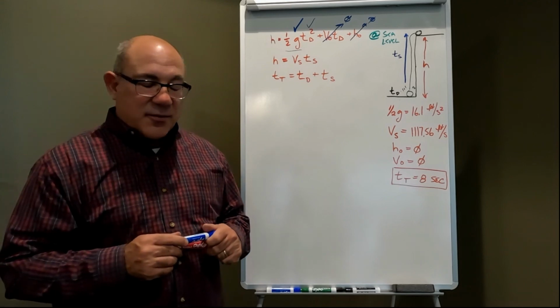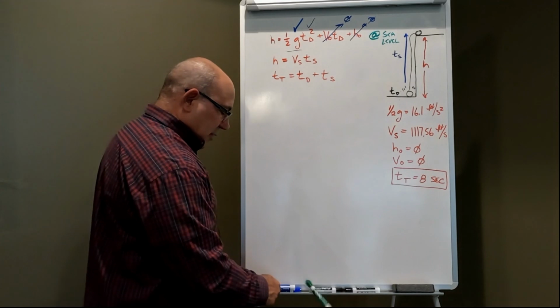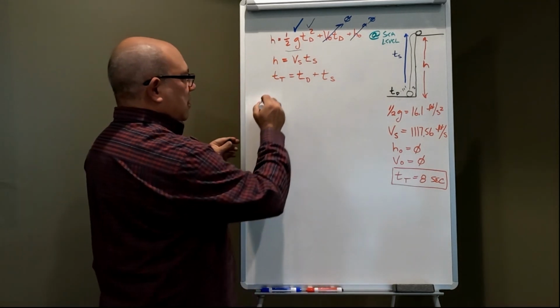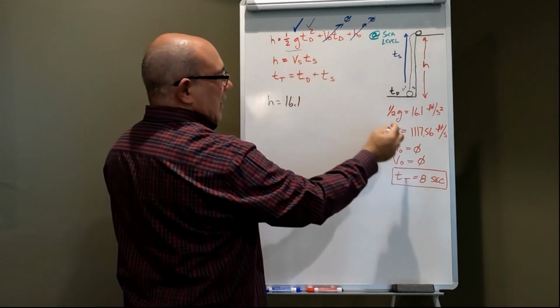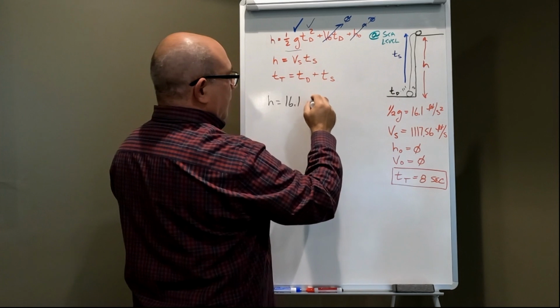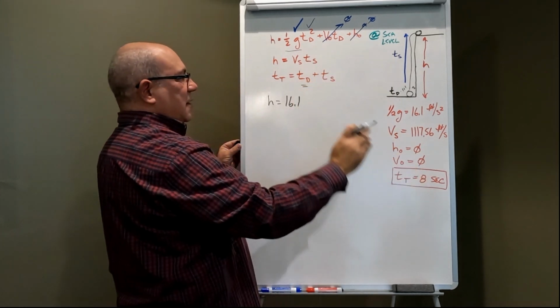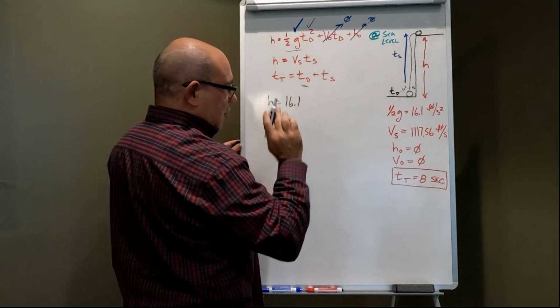So let's start by trying to figure out this height here with the information that we have. So we have h equals 16.1 times td squared, where we're going to just assume that the velocity of sound was instant and that tt equals td at first, for the first go around.